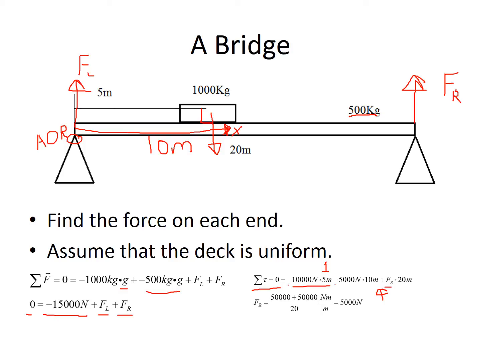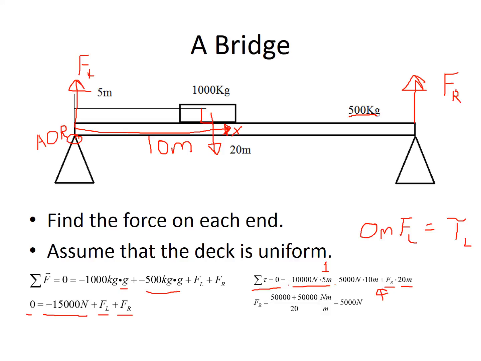And we have the force on the right-hand end of the bridge, which is one of the things we're looking for, times 20 meters. And I want to point out that the torque due to the force on the left-hand side of the bridge, where our axis of rotation is, is going to be a radius of 0 meters times our force, and therefore that torque created by the left-hand force about that axis of rotation is going to be equal to 0.